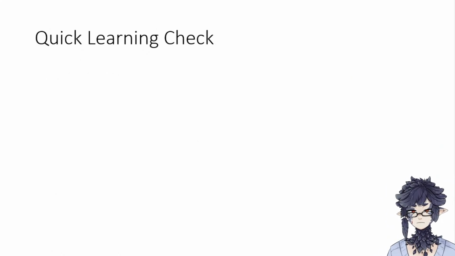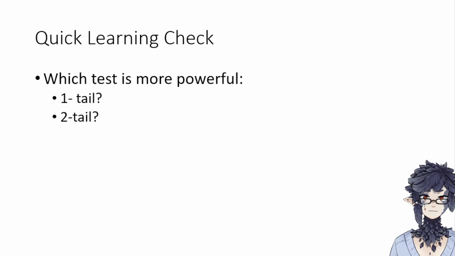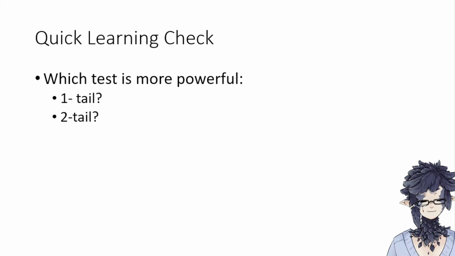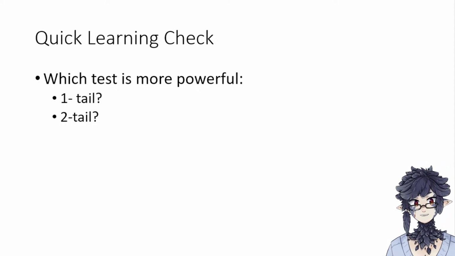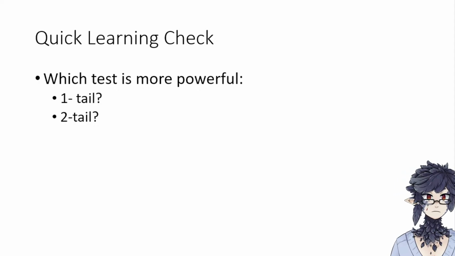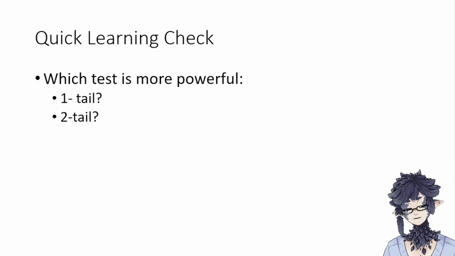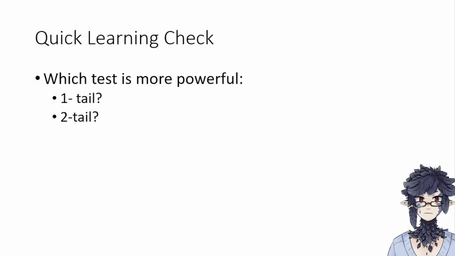All right. I'm going to do a quick learning check. If you want to participate, you can. This is a question that we went over earlier in the lecture, so some of you may not have been here for it. Which test is more powerful? We talked about which one was more conservative. Which test makes it harder to reject the null, a one-tailed test or a two-tailed test? Which one is more powerful?